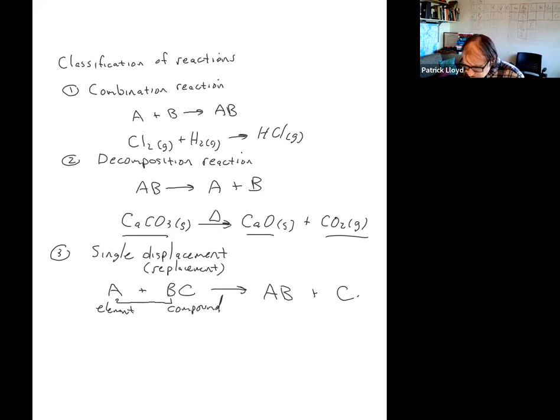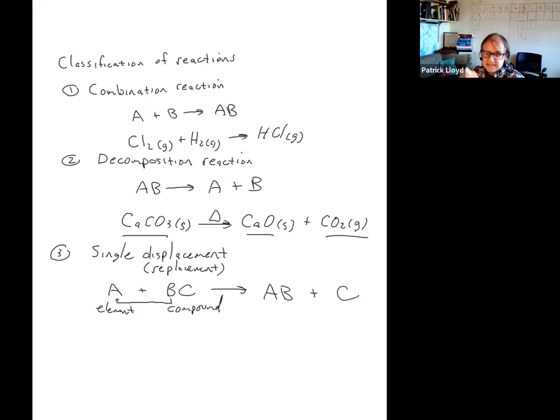So what we're claiming is that A is displacing or replacing C. C is with B, now it's all by itself. It got replaced. It got displaced, okay? So the element that's by itself at the beginning as a reactant is now with another element at the end as a product.